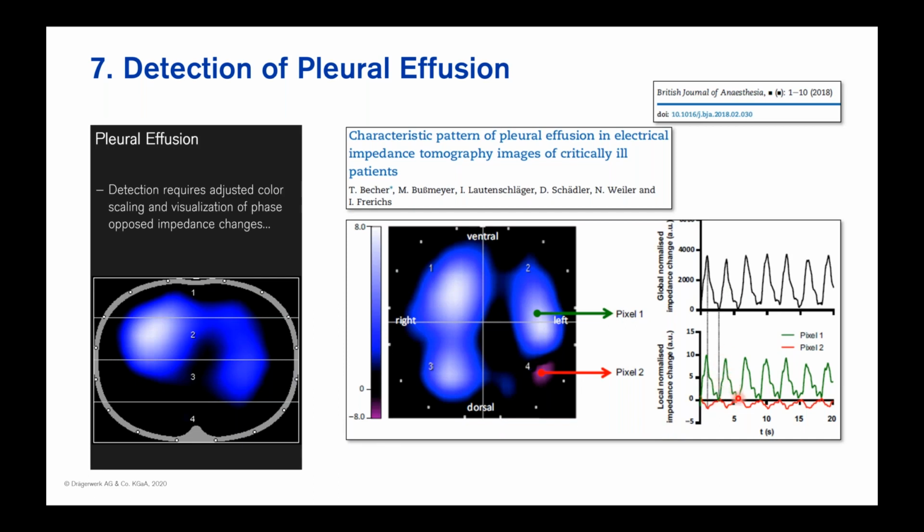We tend to see in some lung conditions phase opposed signals, which means whenever you have a maximum in the ventilated area, you get a minimum in the local curve that is displayed in purple color. So it's not a phase delay, but rather a phase opposition, and this is actually caused by a technical artifact.